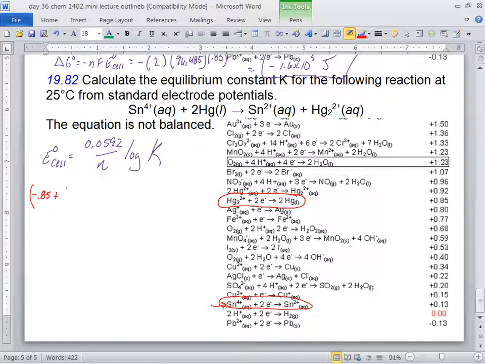Negative 0.85 plus... what's the little n going to be? 2.